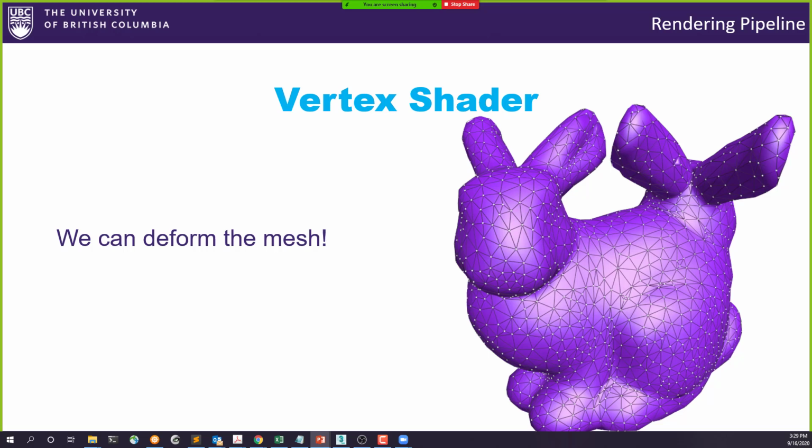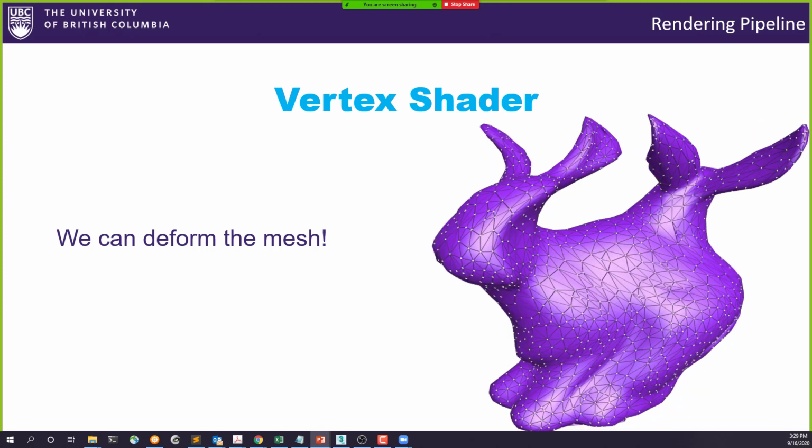Or you can, again, grab some information from some variable that you can send to the vertex shader, and you can define the mesh like a wave animation, right? So here, for example, you can use a sine wave to modify the position of the vertices. So you're not modifying the original model.